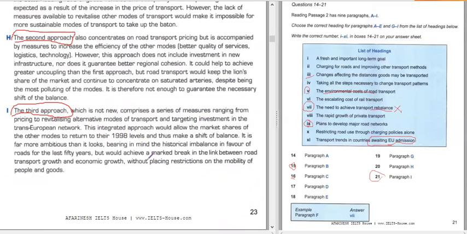This integrated approach would allow the market shares of the other modes to return to their 1970 levels and thus make a shift of balance. It is far more ambitious than it looks, bearing in mind the historical imbalance in favor of roads for the last 50 years, but would achieve a marked break in the link between road transport growth and economic growth. Here was the balance stuff.